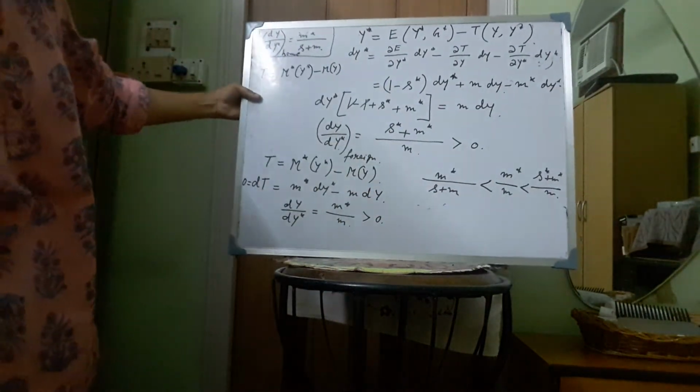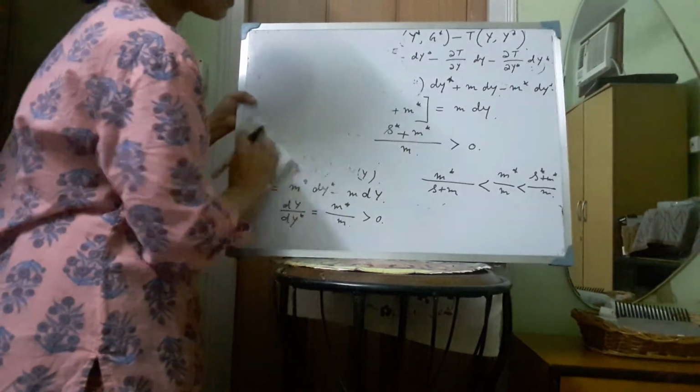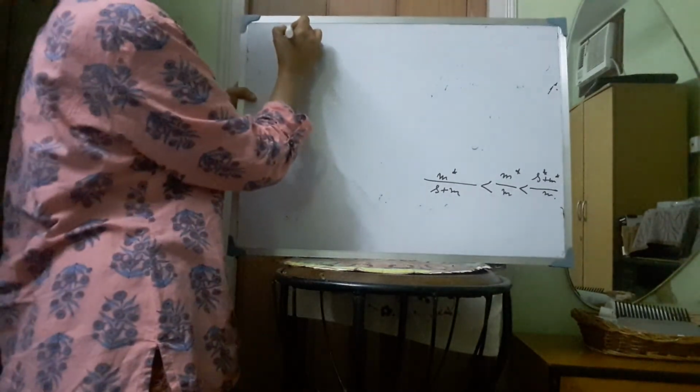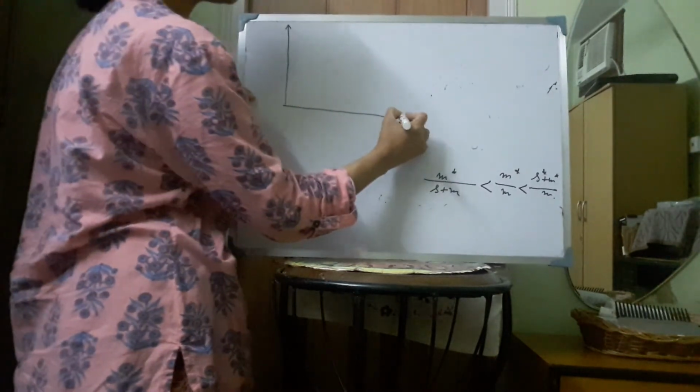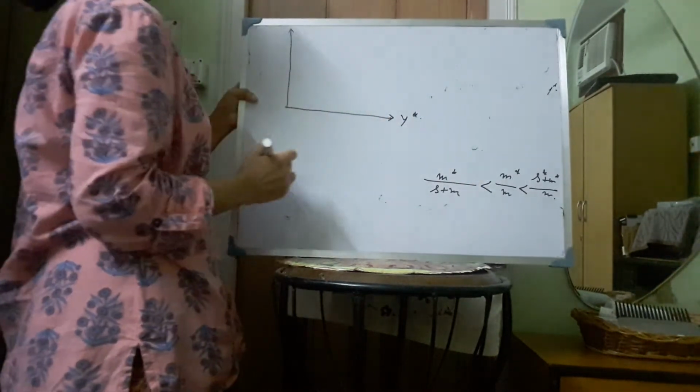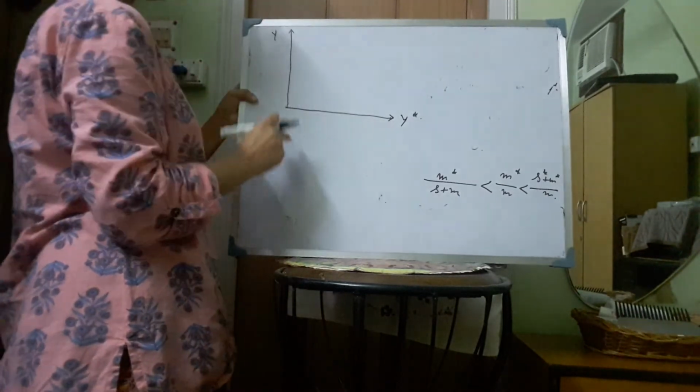Now if we draw this in a y, y star quadrant, then we will get these three different schedules. So here along the x-axis we are considering y star, along the y-axis we are considering y.